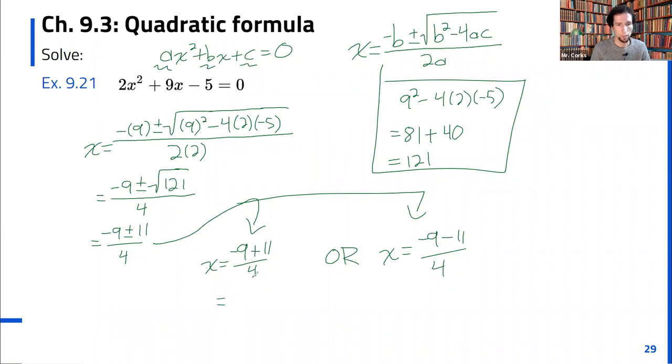On the right here, what do we get? 1/2. So we get 2 over 4, reduce it to 1 over 2. And on the right, what do we get? -5. So -20 over 4, -5. So there are the values for x. Like usual, we could sub them in and verify our solution. I'm going to skip that part.